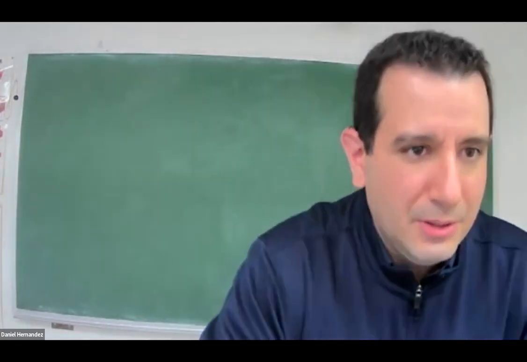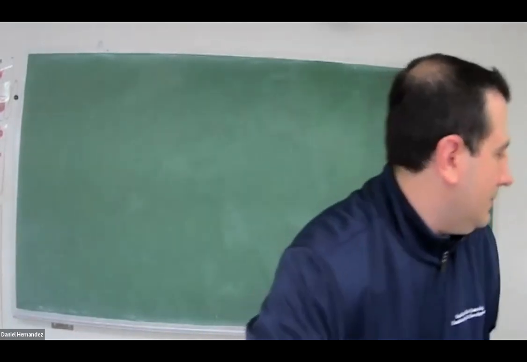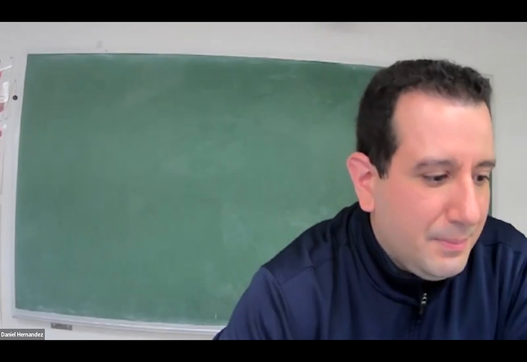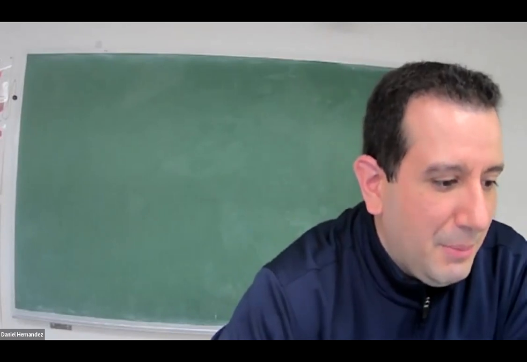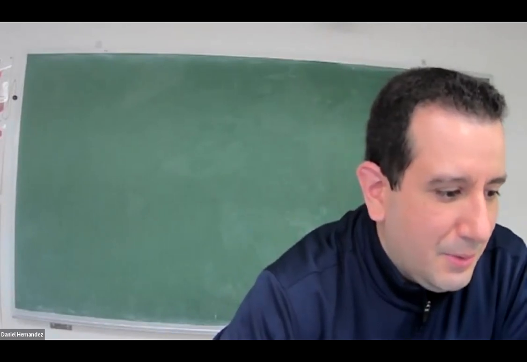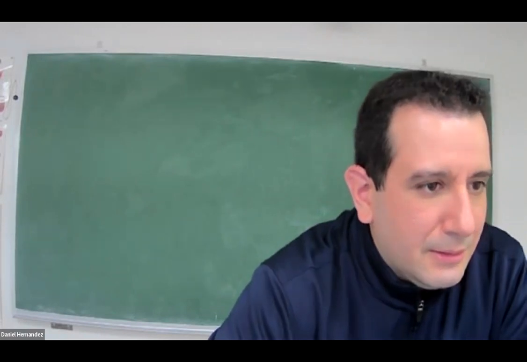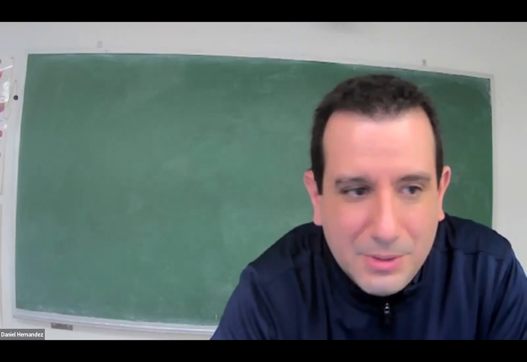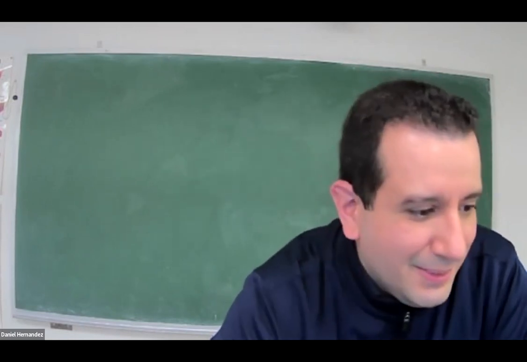Should we do the mitral valve level, or should we do the papillary muscle level? Let's see. Which one's better? I want to see what I have for my pictures. Hold on.